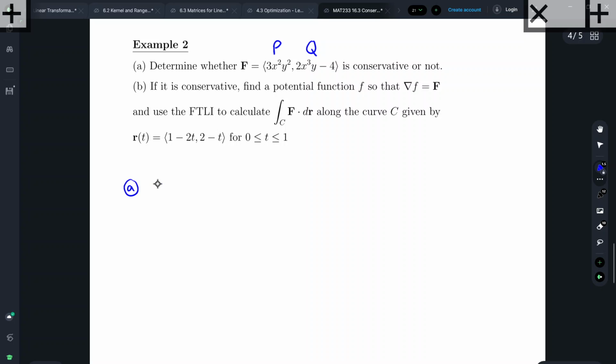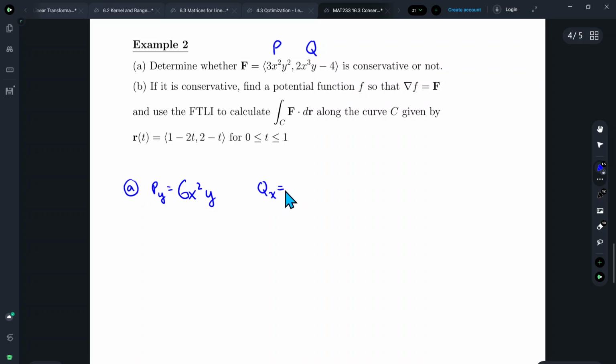As usual, we need to calculate the partial of P with respect to y and the partial of Q with respect to x. The partial of P with respect to y just becomes 2y, and 2 times 3 is 6, so you get 6x squared y.